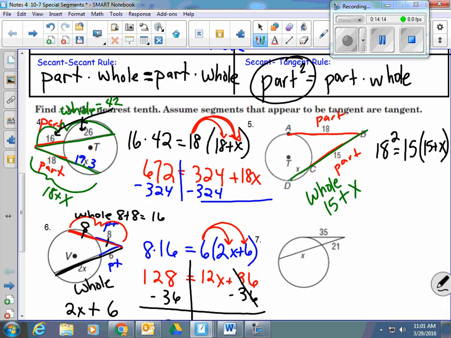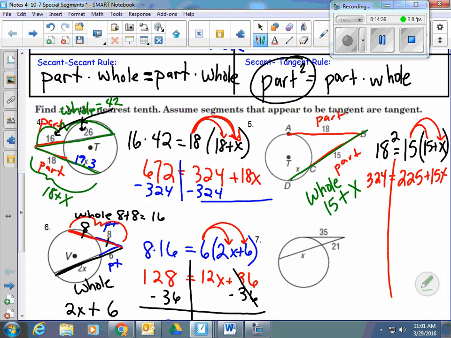Now what do I have to do? Very good. We need to go out and distribute. 15 times 15 is 225. And then 15 times x is 15x. What's 18 squared? 324. Now what do I need to do?